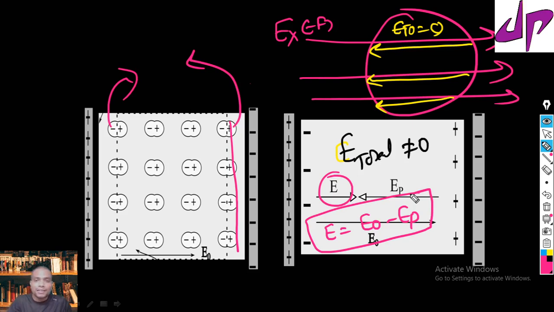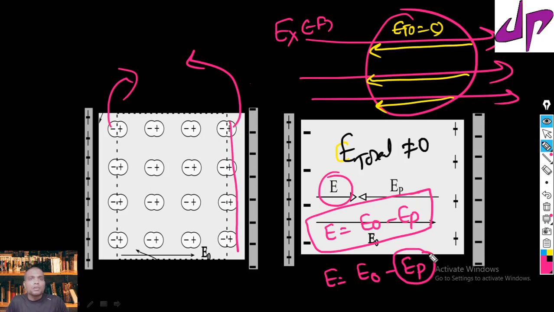Here E equals the applied electric field E naught minus E suffix P, the electric field due to polarization of the charges in the presence of the external electric field.